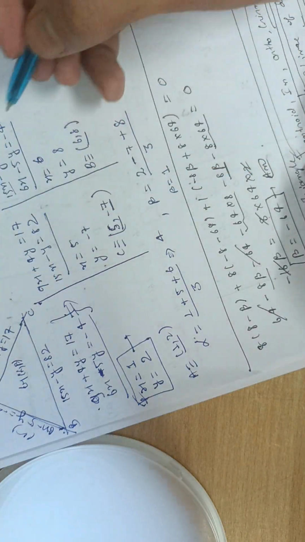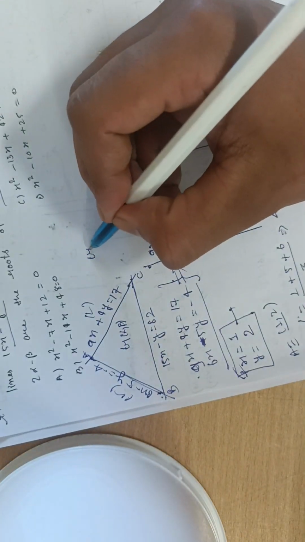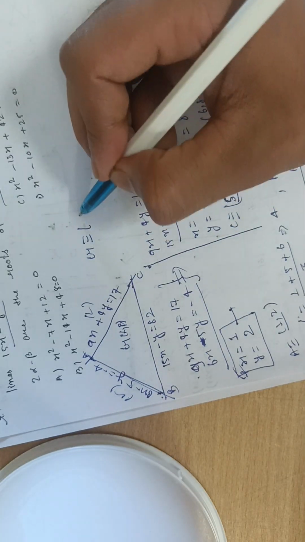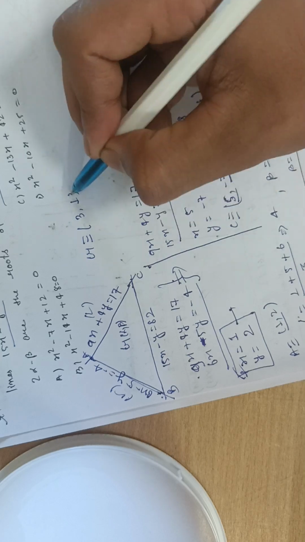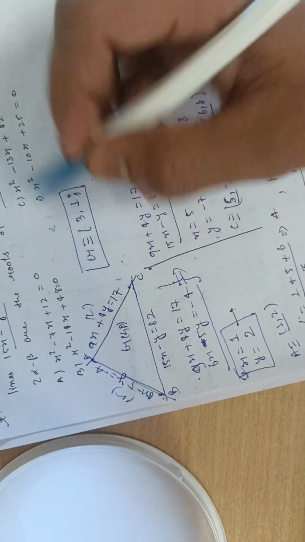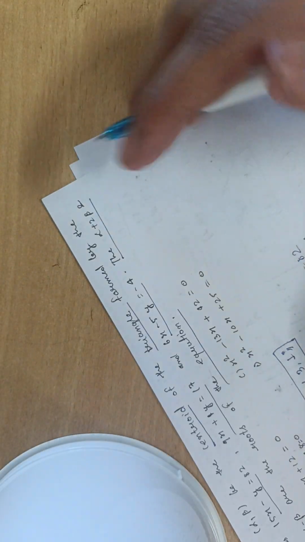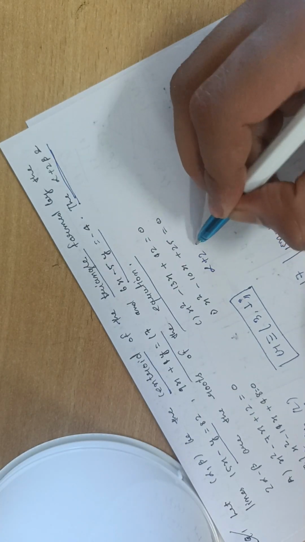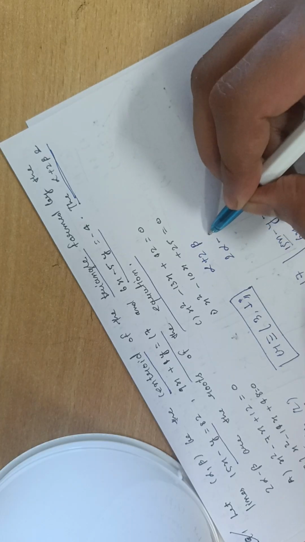Now our centroid is 3 comma minus 1. But in the question we do not have to determine the centroid. We have to determine this value: alpha plus 2 beta and 2 alpha minus 2 beta.